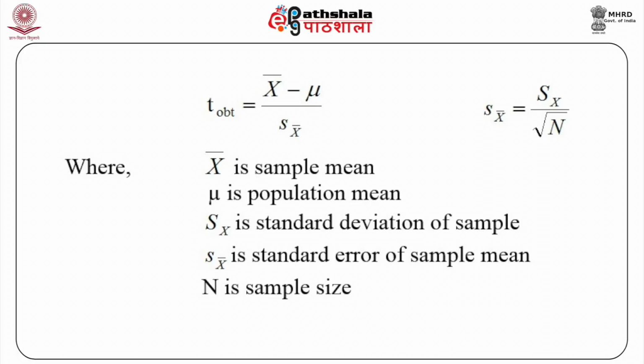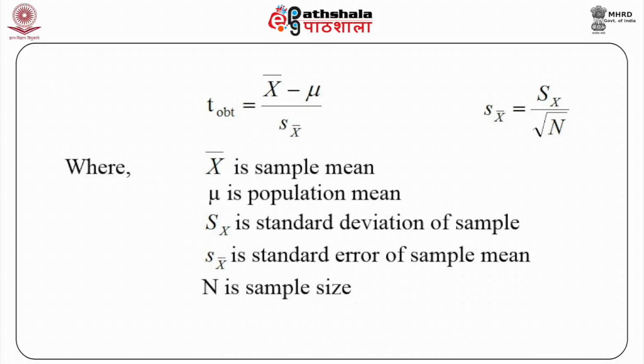Statistically, the formula for calculating the t-test is represented as t obtained is equal to x bar minus mu upon Sx bar, and Sx bar is equal to standard deviation or capital S of x upon square root of n, where x bar of course is the sample mean, mu is the population mean, Sx is the standard deviation of sample, Sx bar is the standard error of sample mean, and n is the sample size.